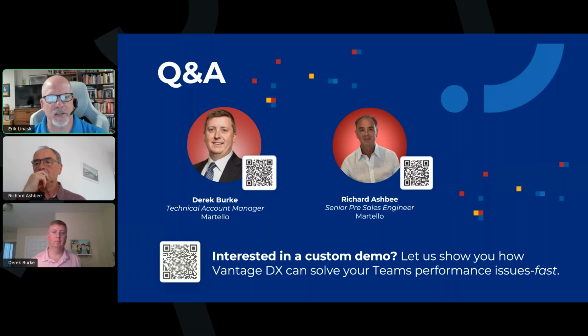Does Vantage DX integrate with other alerting or ticketing systems? Yeah, thanks, Art. That's a great question. Our alerting is basically twofold: email and SMS. We integrate with a couple of different ticketing systems out of the box, ServiceNow, and I think the other one is called Cherwell or something like that.